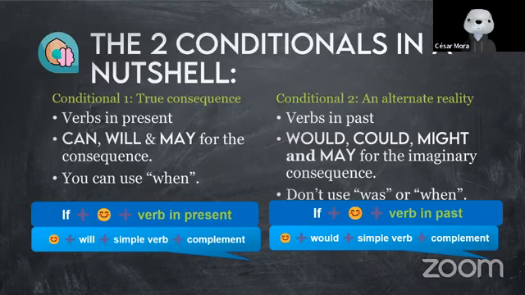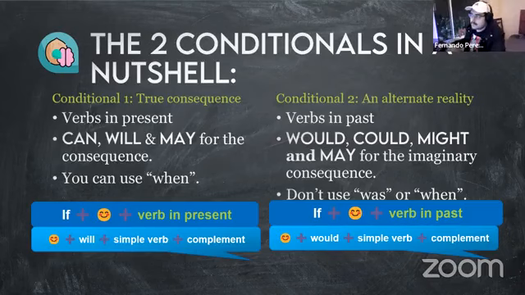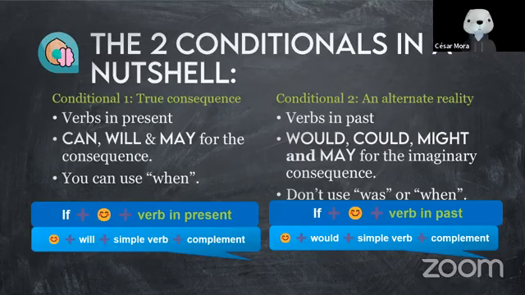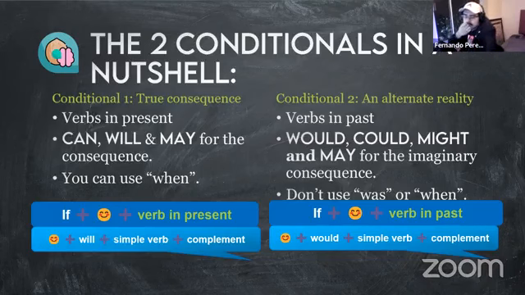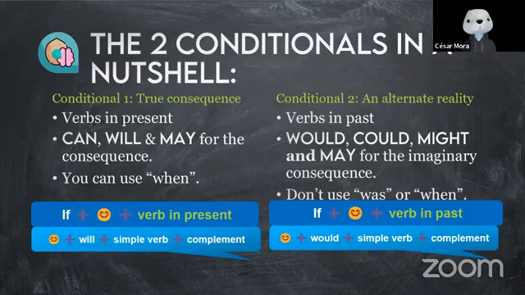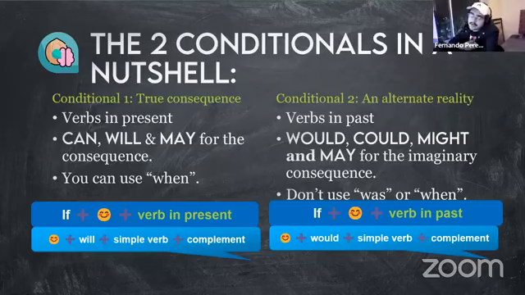Yeah, because when I use can, will, and may, for example, today I go to the gym. If I can take a break tomorrow... Tomorrow I go to the gym.